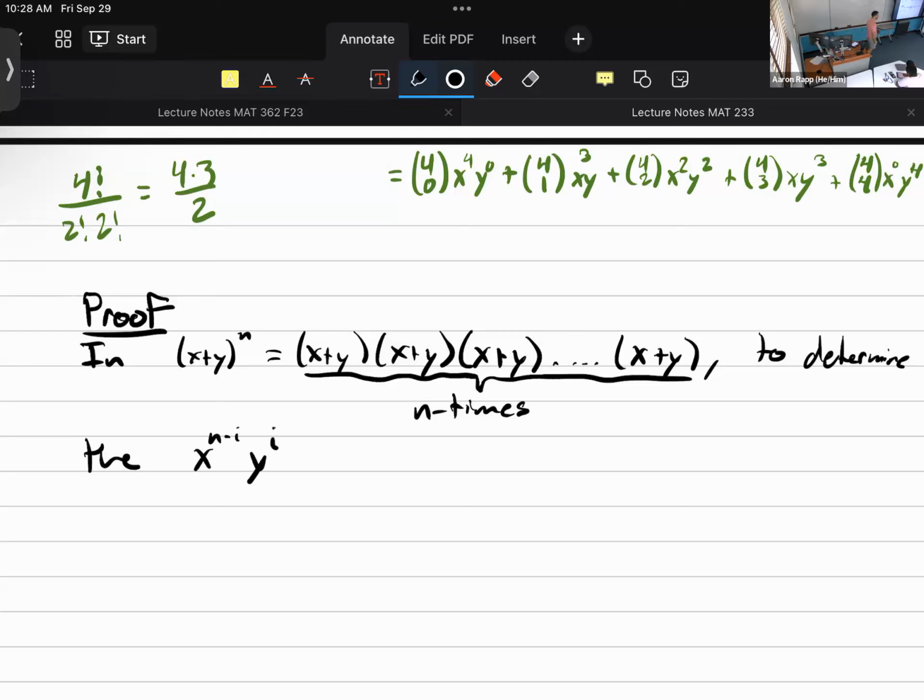We have determined, I'm really going through and saying of these n different binomials, how many y's am I going to try to use from each of them, or choose from each of them? In total, I'm going to make i choices from each of those binomials of the term y. And just a nice little caveat, with i being somewhere between 0 and n.